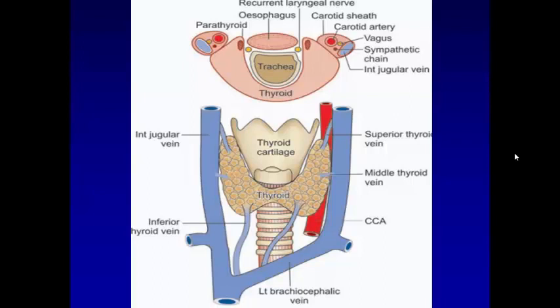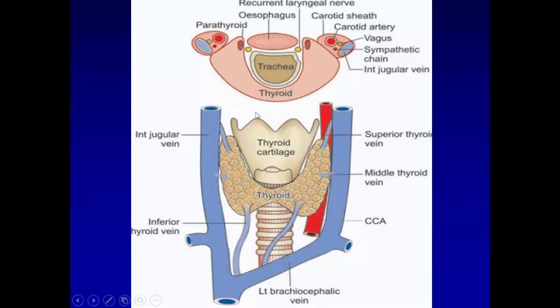About parathyroid glands, we have 4 parathyroid glands, 2 superior and 2 inferior, also 2 on the right side and 2 on the left side. We can see here the cross section in the neck.